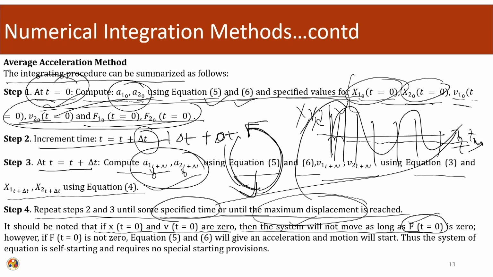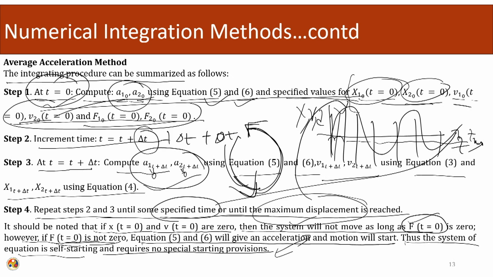However, if f at time t equals 0 is not 0, equation 5 and 6 will give an acceleration and the motion will start. Thus, the system of equations is self-starting and requires no special starting provisions. Some sort of condition should be there for the system to get excited, either using an external forcing function or using some initial condition.